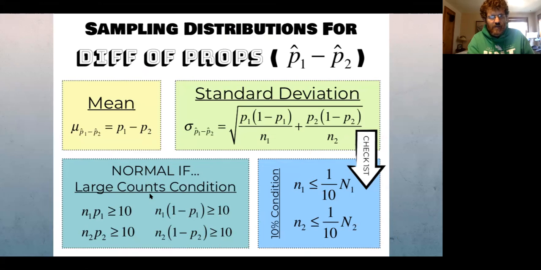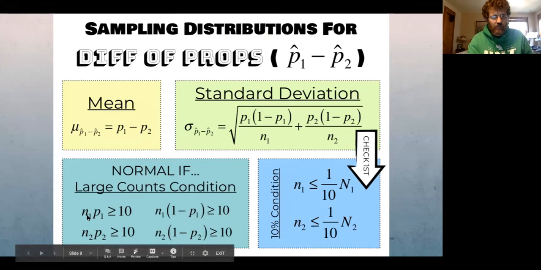This is another thing that we didn't talk about, but it's important to cover here. In order to create a true normal distribution, we need to make sure we meet the large counts condition, but we have to check it for both samples. So it'd have to be n1 times p1 greater than 10, and the same over here, and then you do the same for your second.